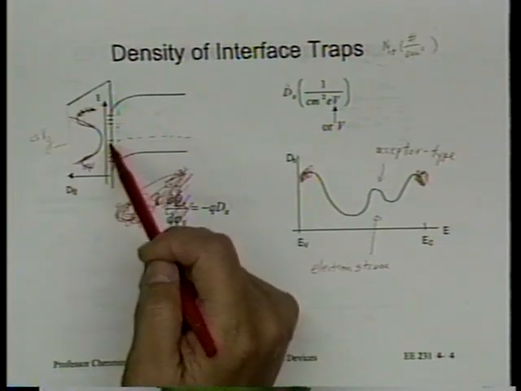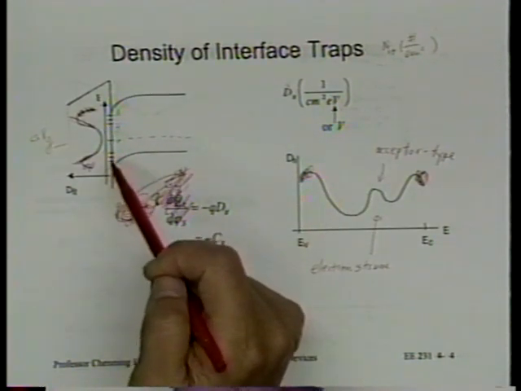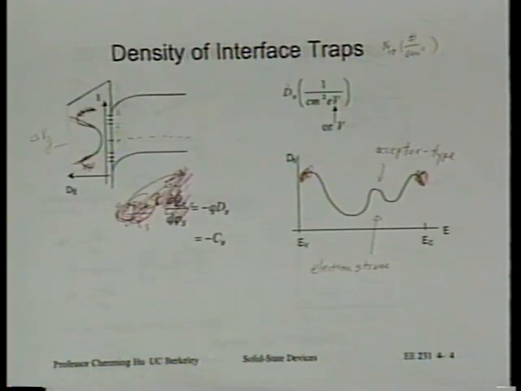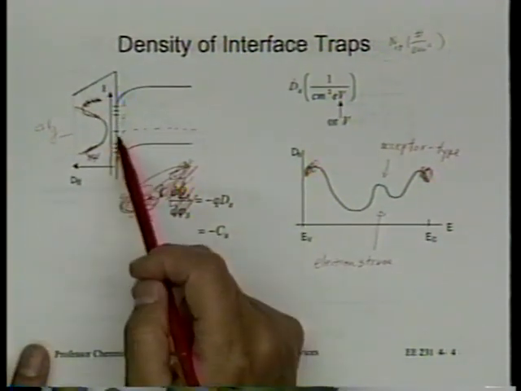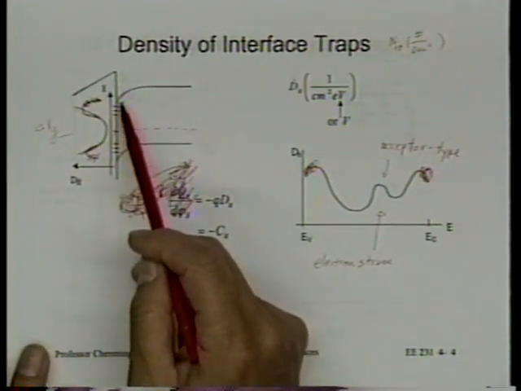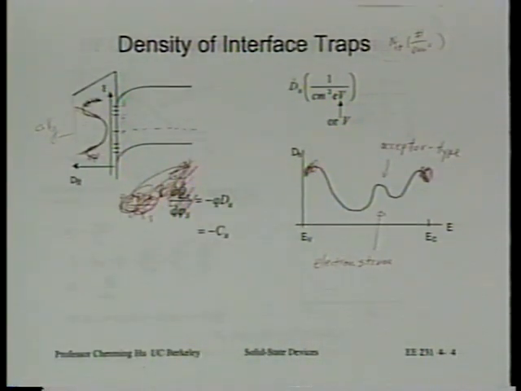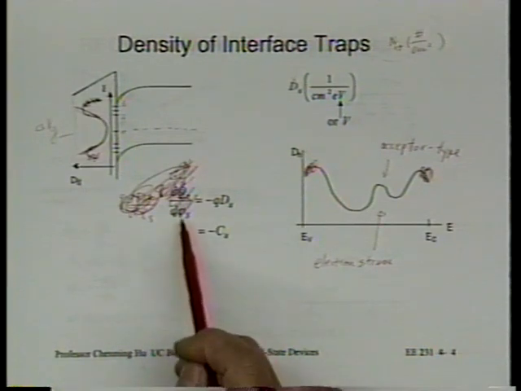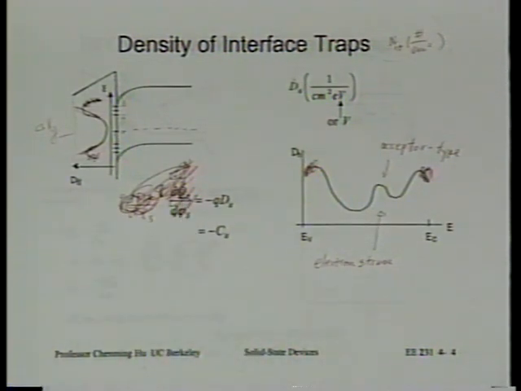Remember, those traps under the Fermi level will be charged, because electrons will be present, and above the Fermi level, electrons will not be present. Is that right? So as a result, as we change d phi s, there will be dQIT. Are you following so far?